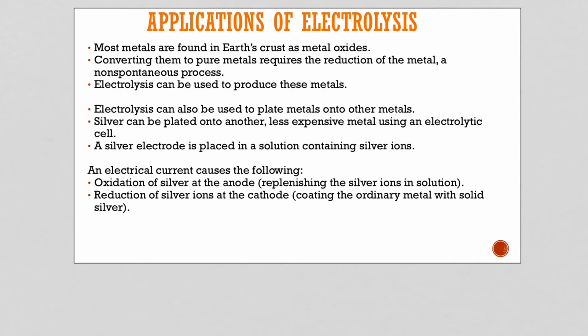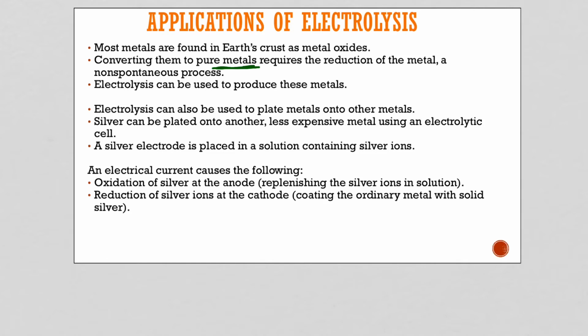We're going to have to force them back to the metal. And so one of the places where we use electrolysis is to convert metal ions that are found in the ores in the earth, and drive them back to be the pure metals. So to convert these metal ions back into the metals, we can use electrolysis to do that.